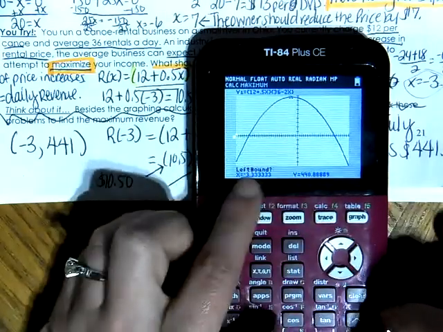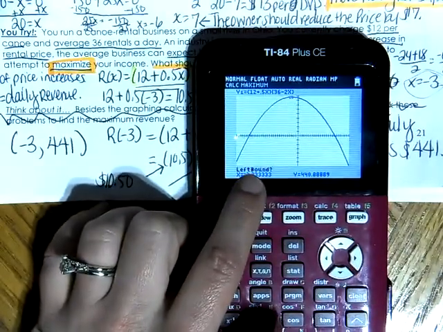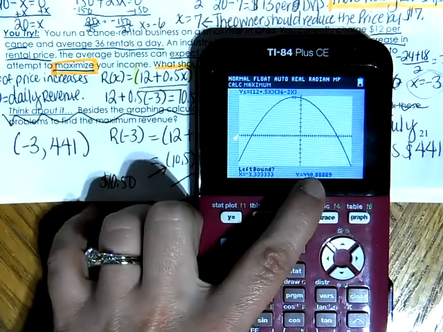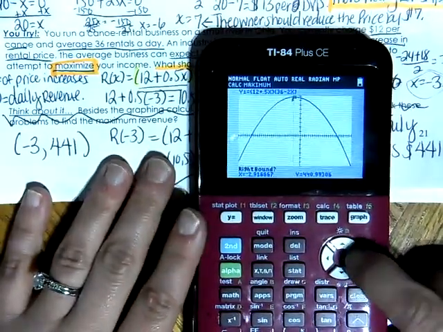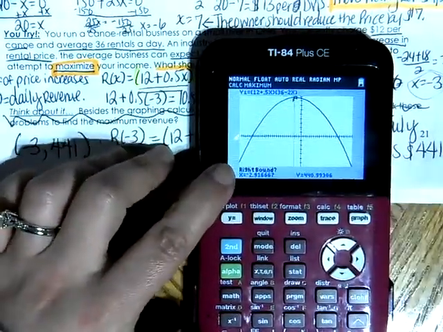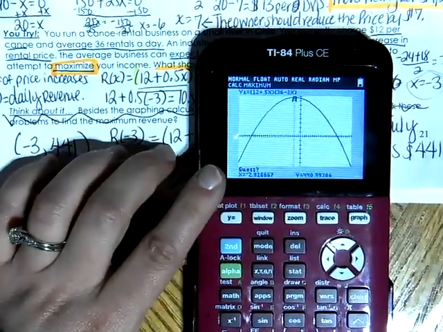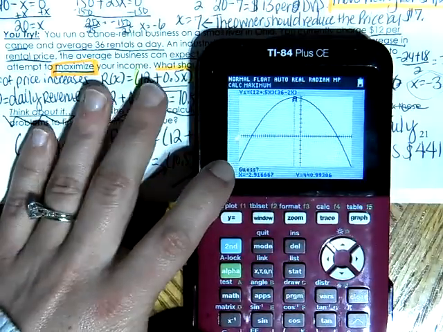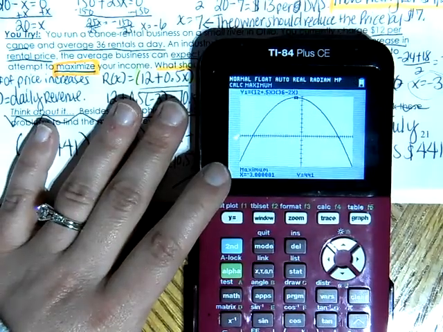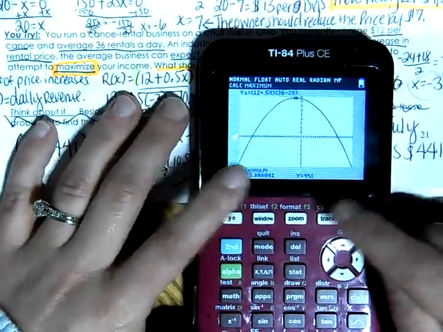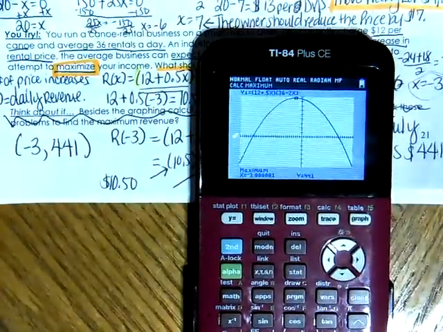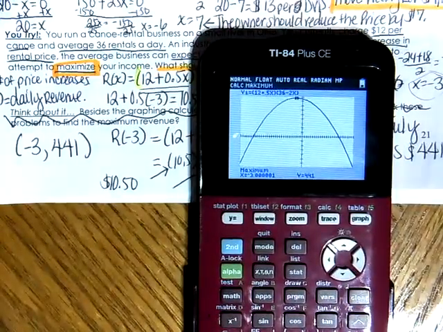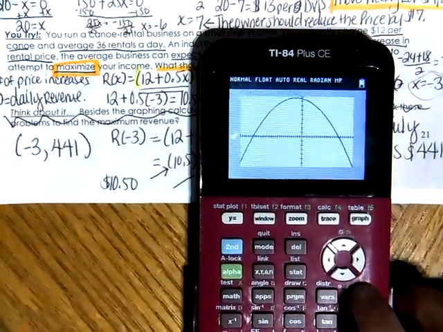I'm going to go just to the left of that and press enter, which is 440.88. Enter, and I'm going to press the right arrow one time because I'm going to call that my right bound. Press enter, and it asks, is that your guess? I say yes, enter. And there you go, negative 3 and 441. That just confirms and checks what my answer actually is.